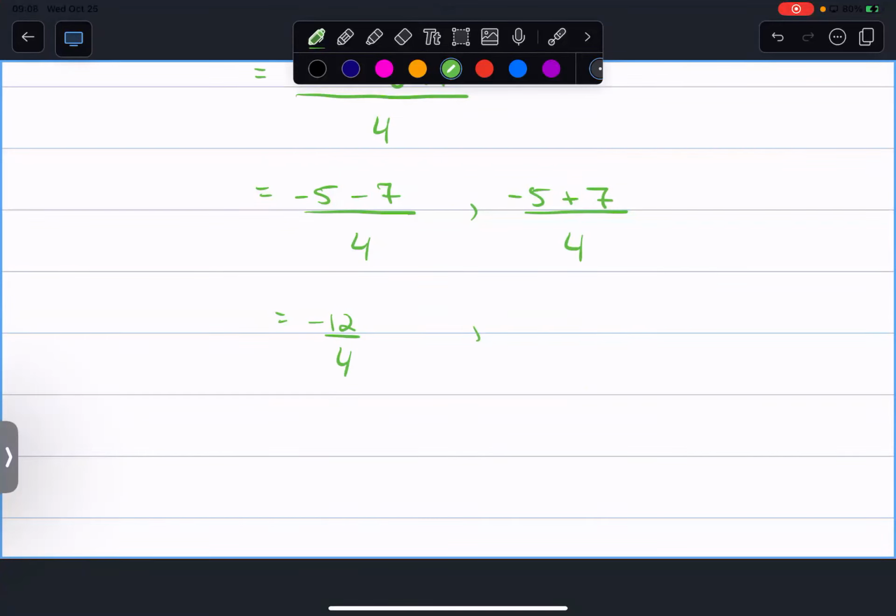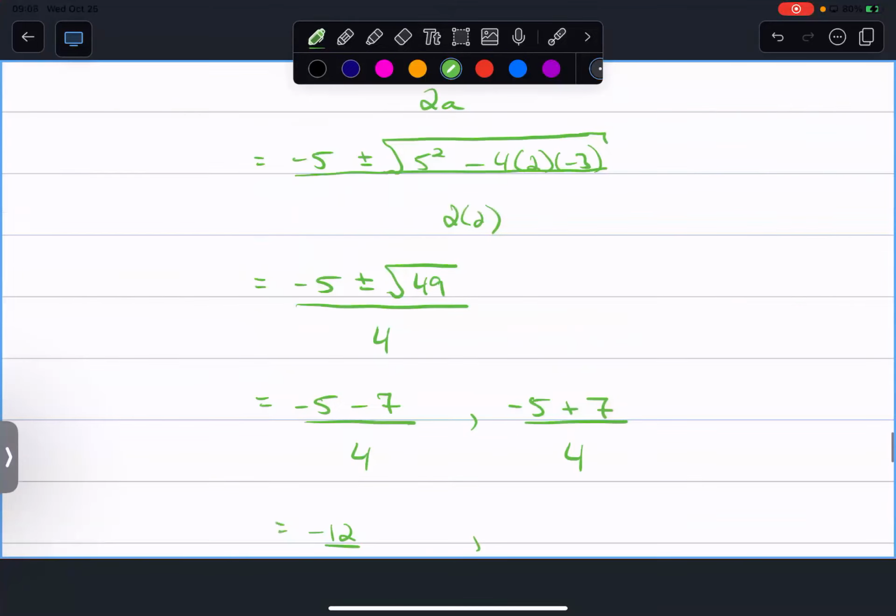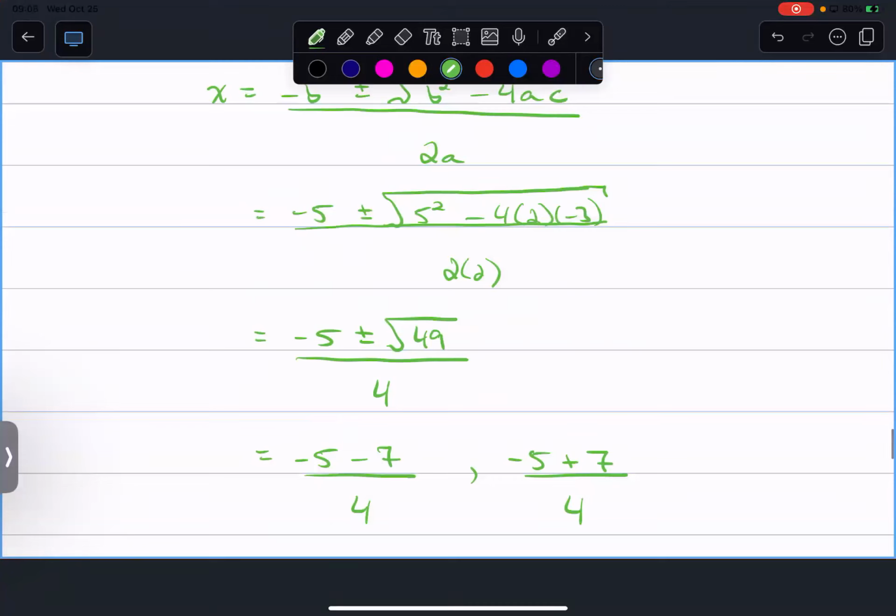I'm confused how you got root 49. Oh, did I do it wrong? Well, isn't it like 5 squared just minus that number? There's two negatives up there on the right side, so it'll be a positive number. Yeah, so here this negative makes it positive. So if you do 4 times 2 times -3, I get -24.